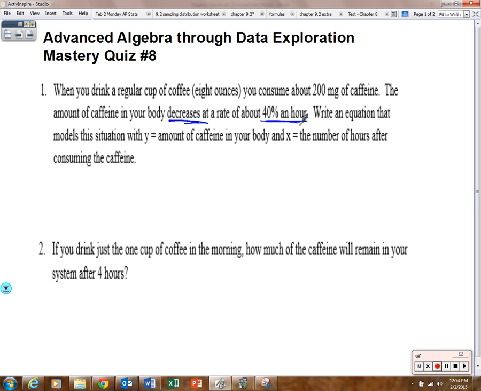All right, remember, the first task is to change your percent to a decimal. So 40% equals 0.40, or just 0.4 is also acceptable.